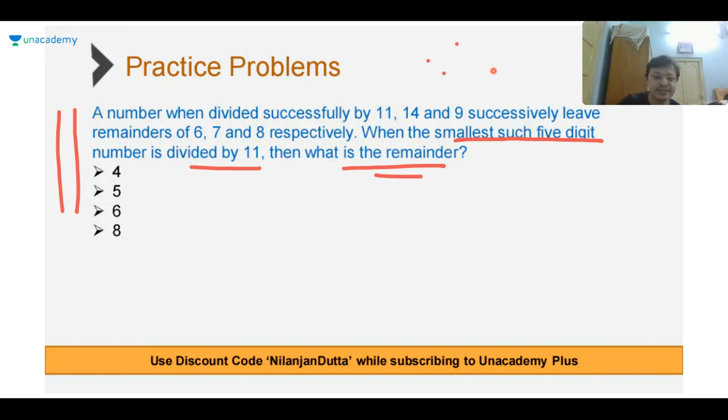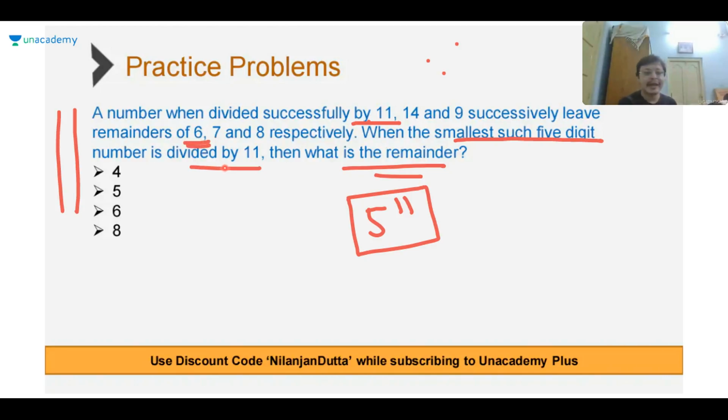So this is a question which doesn't even take 30 seconds to mark. All it takes is 5 seconds to mark the answer. Why? Because it says when a number is divided by 11, the remainder is 6.